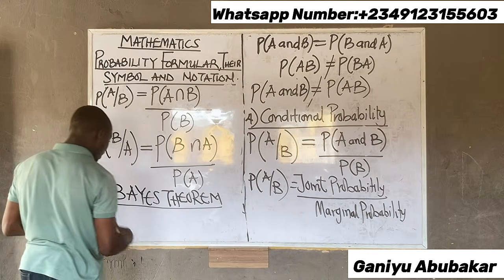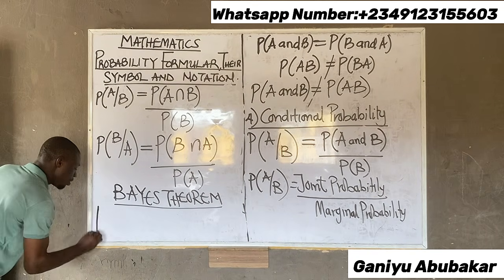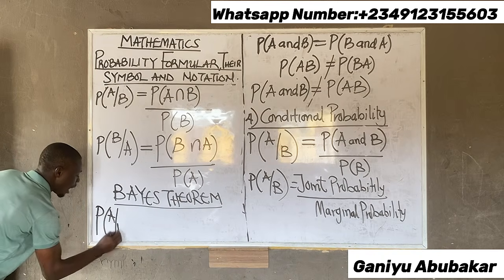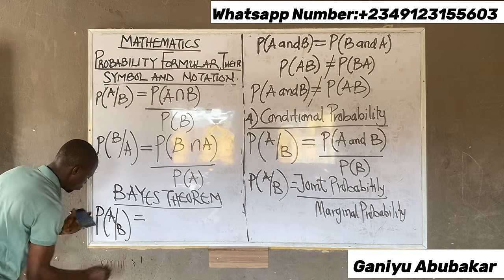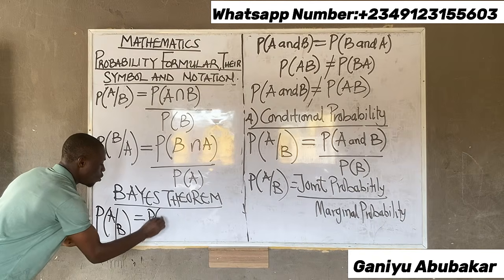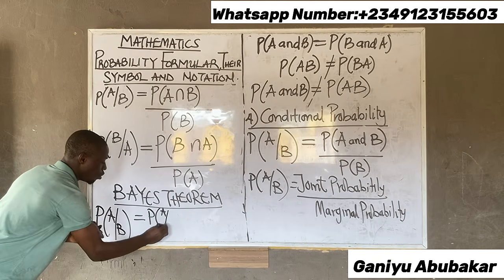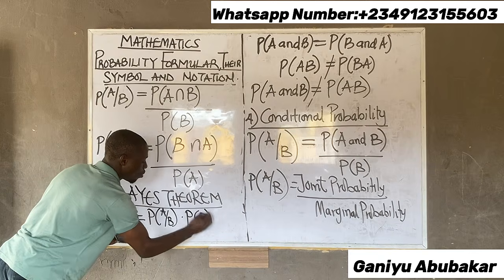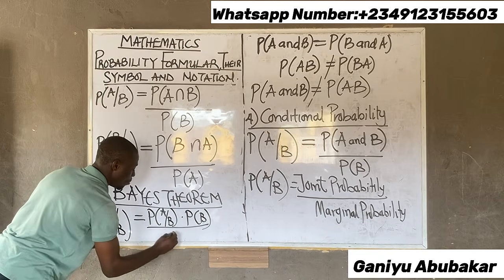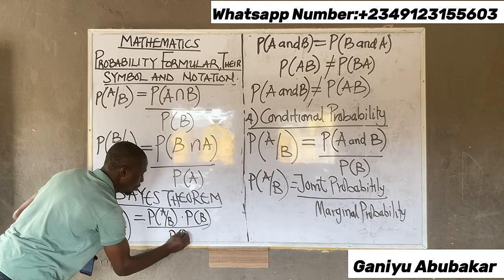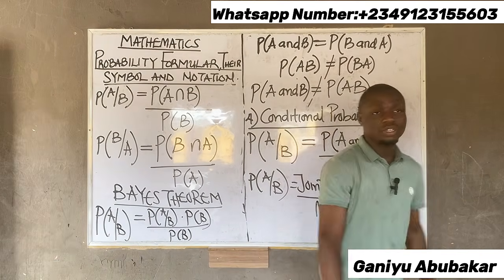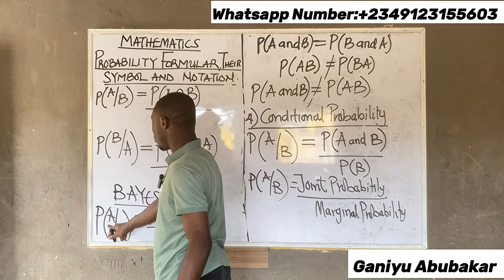So let's say for instance the probability of A given B is equal to the probability of B given A, times the probability of A, all over the probability of B. So this is another way of calculating the probability of A given B.